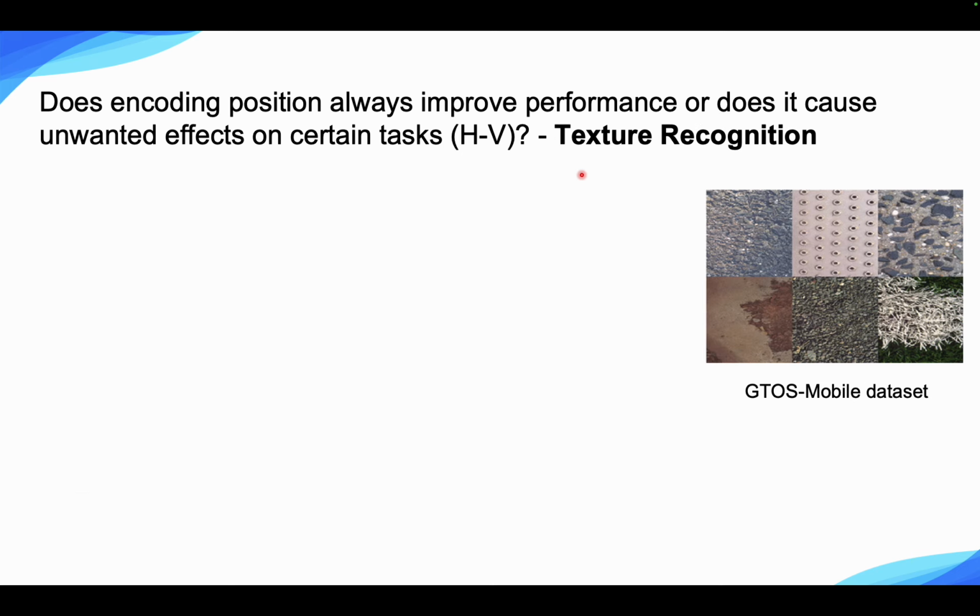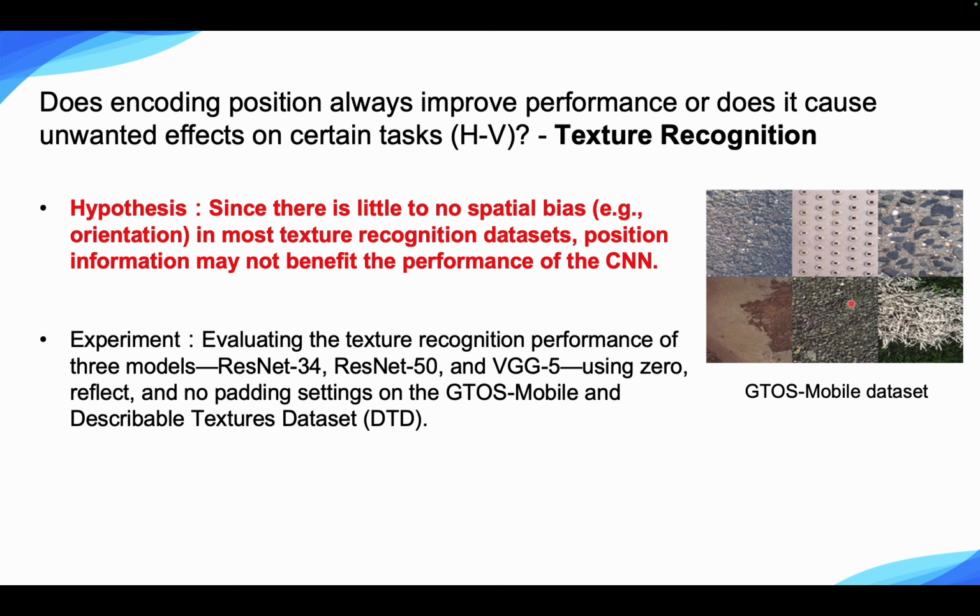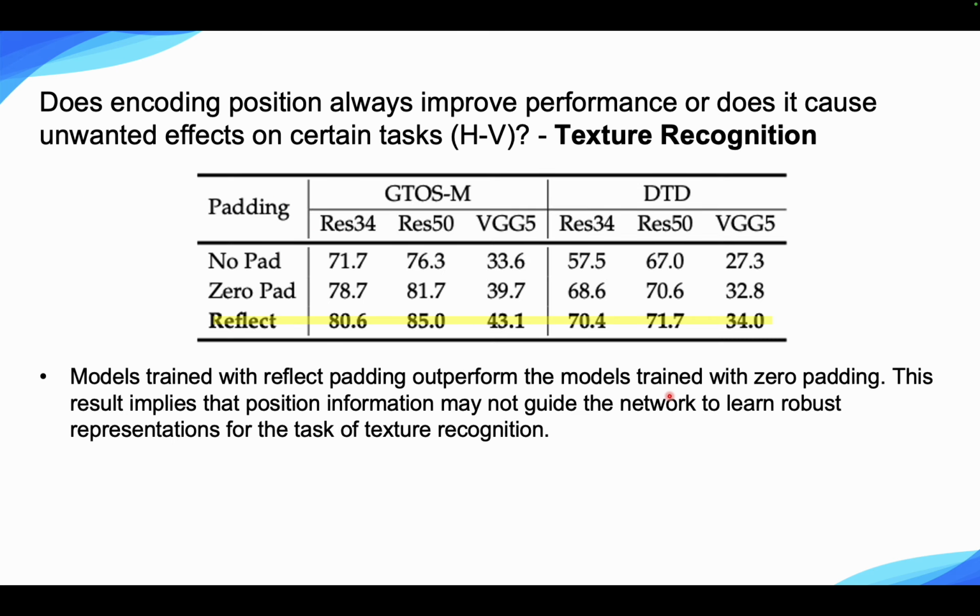And here is another case, texture recognition. They propose a hypothesis that since there is no spatial bias orientation in most texture recognition datasets, position information may not benefit the performance of CNNs. So, they designed an experiment to evaluate the texture recognition performance of 3 models, using different padding schemes, on the GTOS mobile and DTD datasets.